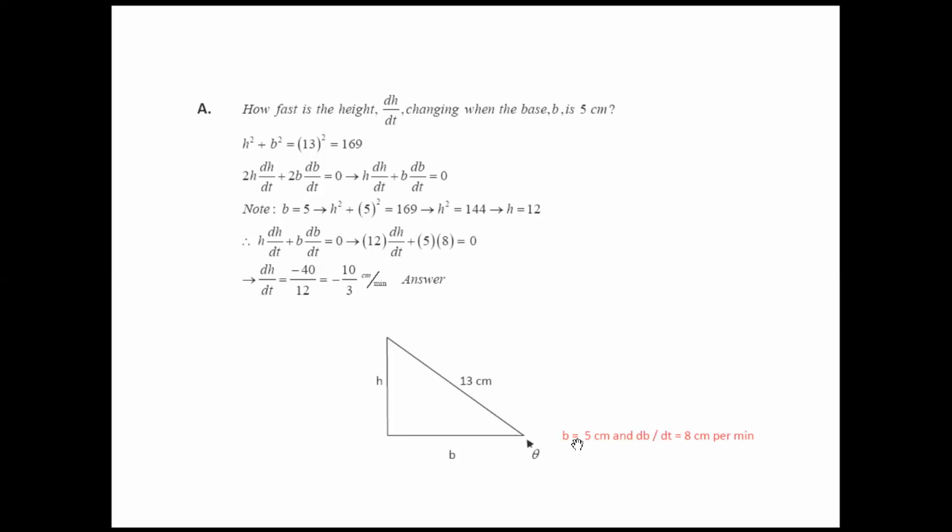Down here we're given b is 5 centimeters, and we're given dB dt is 8. That's from the previous page. We've just rewritten it here so we don't have to go back. So let's take the derivative. We get 2h dH dt plus 2b dB dt, and the derivative of 169, of course, is 0. And we're going to take the liberty to divide everything by 2 and write it like this.